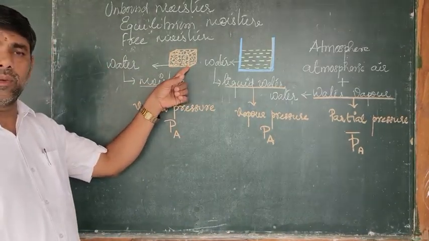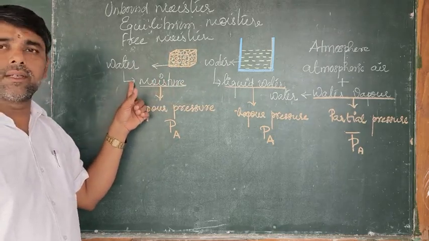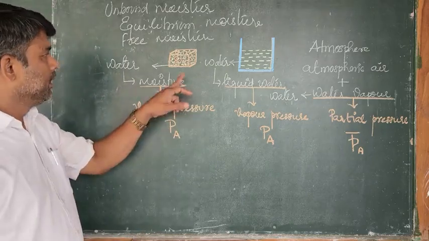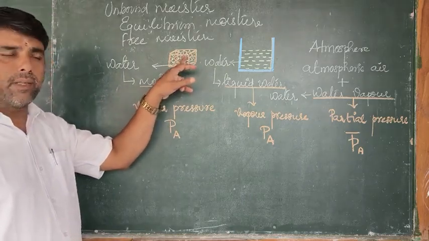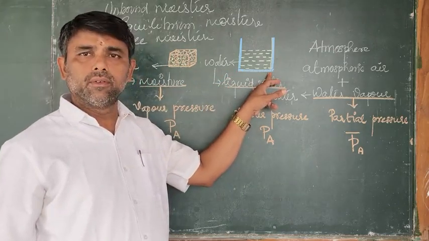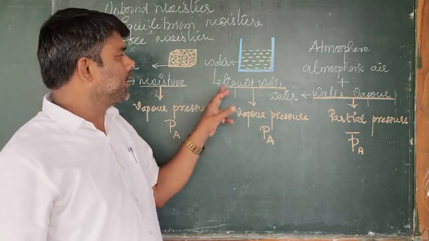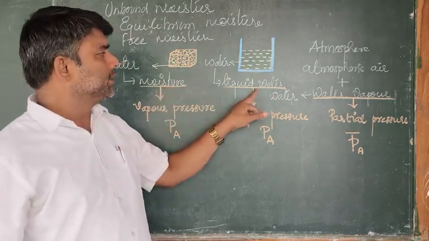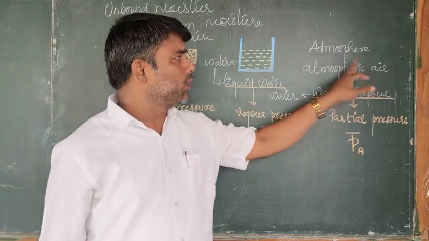It contains a certain amount of water. This water is termed as moisture. You should be very clear with the terminology. The water present in the wet brick is called moisture. This is a cup of water. This water exists in the form of liquid water. This is moisture. This is liquid water. One more, atmosphere.